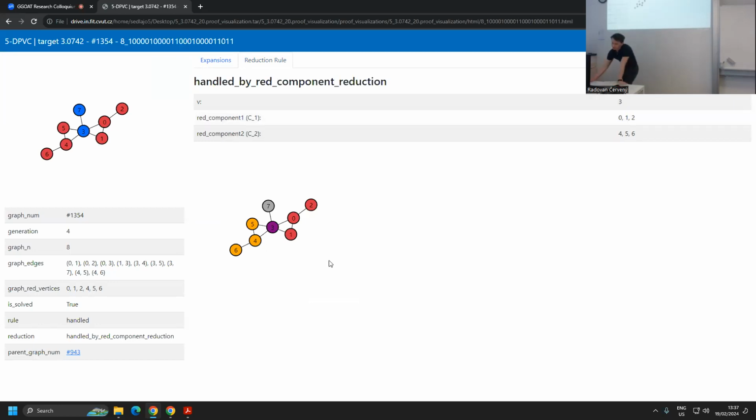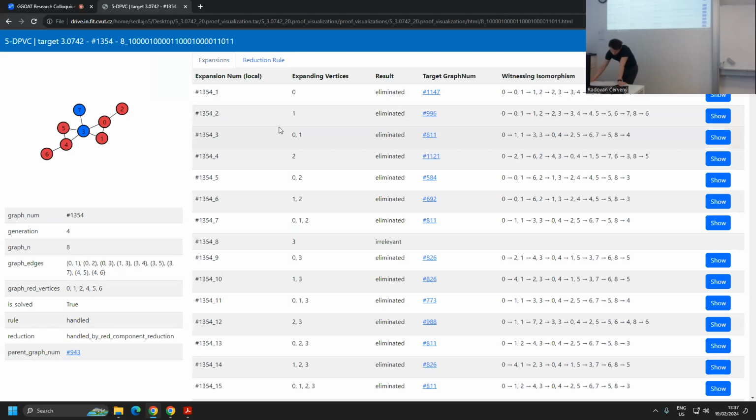The proof gives me what the components are and what I should delete. Basically, it says that the red component reduction rule would apply in this case. Okay, and 2 more.